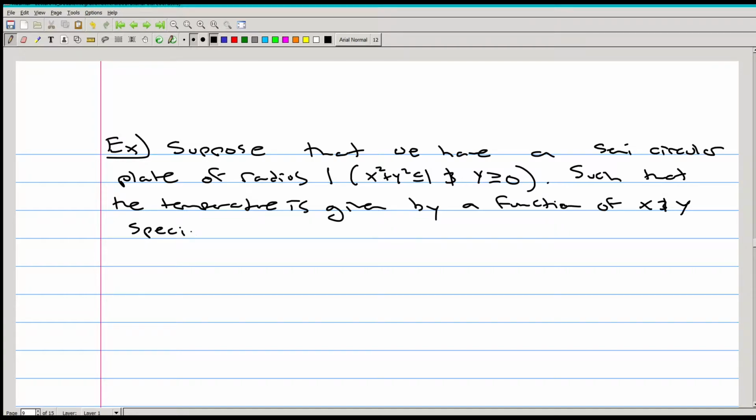Specifically, let's say the function T of x, y is equal to 2 over 1 plus x squared plus y squared to the 4th.